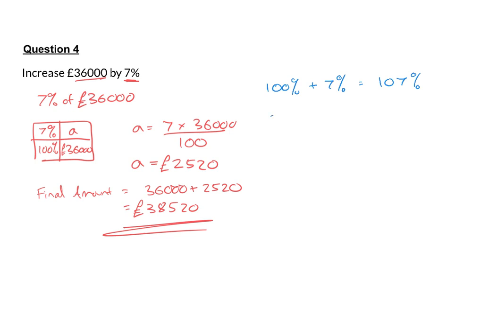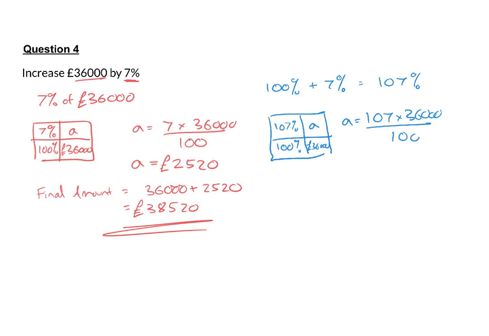So this time I'm not trying to find 7%, I'm trying to find 107%. So 107%, and I'm going to call that A. And I know my 100%, that hasn't changed, that 100% is my £36,000. So my A is equal to my two diagonals multiplied together, so 107 multiplied by 36,000 divided by 100, and if I work that through on a calculator, it doesn't take me to 2,520, it takes me straight to the answer of 38,520.